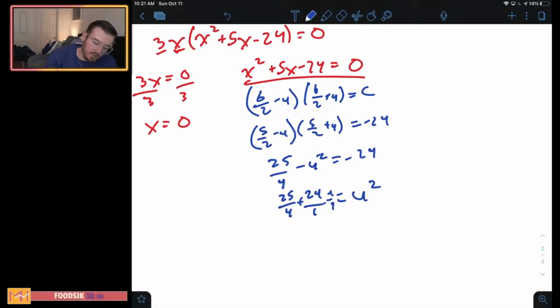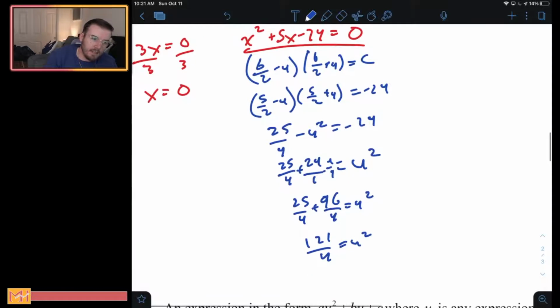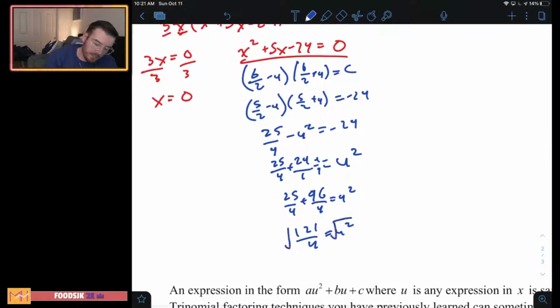That becomes 25 fourths plus 96 fourths equals u squared. 25 plus 96 is 121 over 4 equals u squared. I can take the square root of that, and I get 11 over 2 equals u.